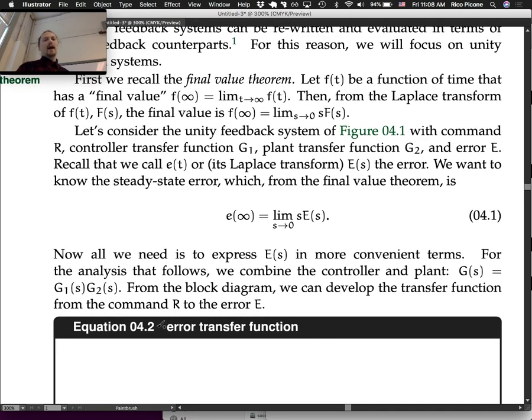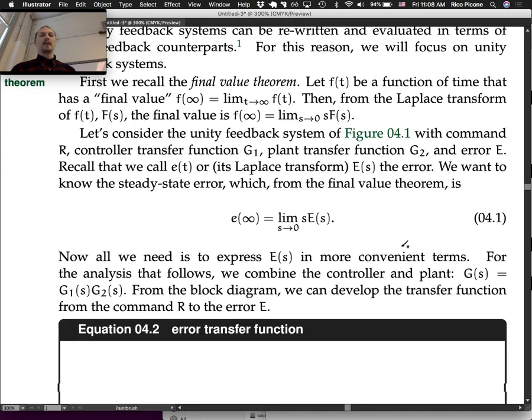Now all we need is to express E of s, the Laplace domain error, in more convenient terms.